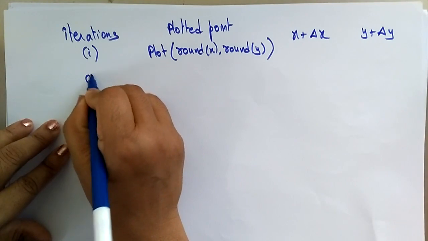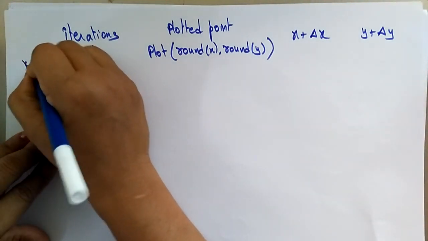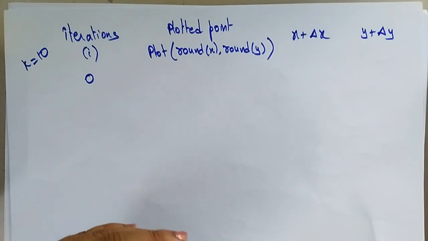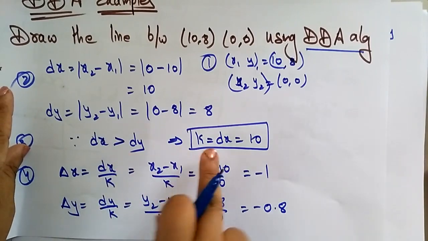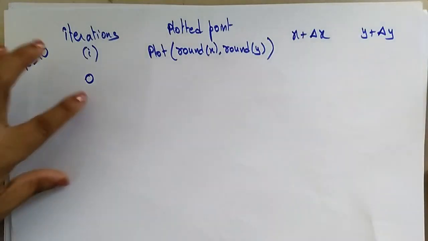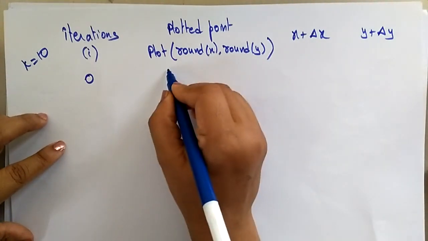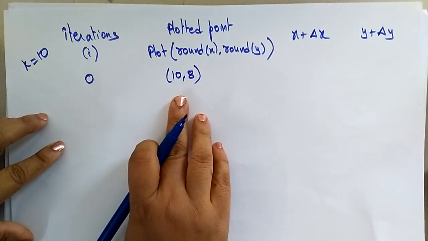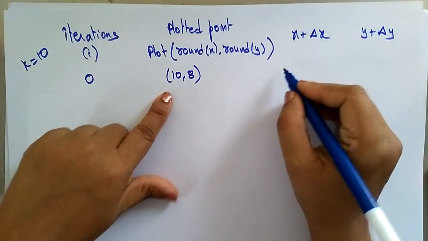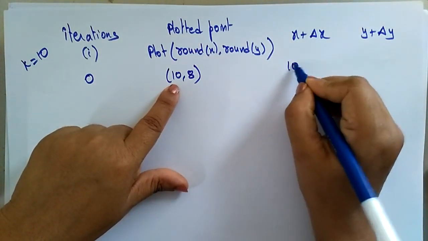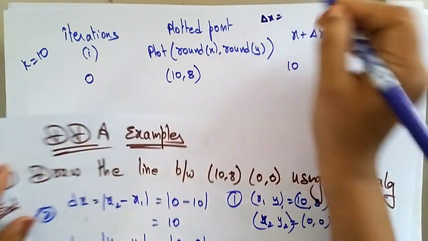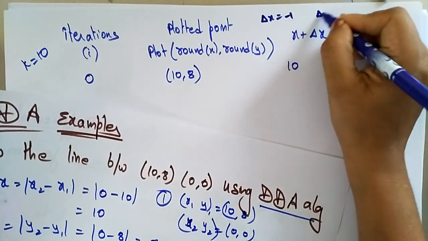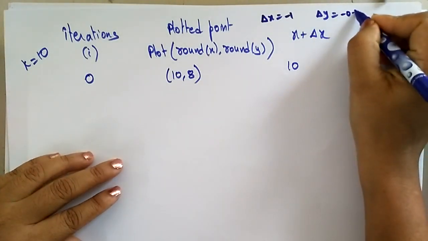So first let's take the 0 iteration, up to k equal to 10. Because dx is greater than dy, k becomes 10, so you have to do 10 iterations here. The starting point is (10, 8). Now x plus delta x: the starting x is 10, and delta x is minus 1, delta y is minus 0.8.